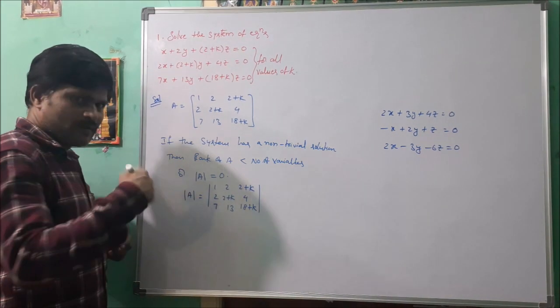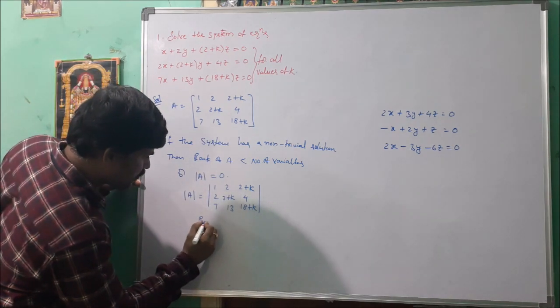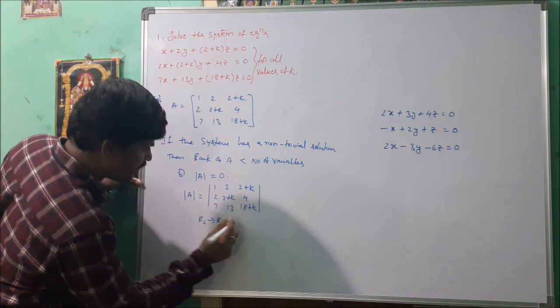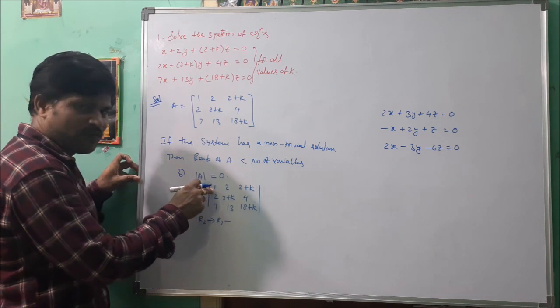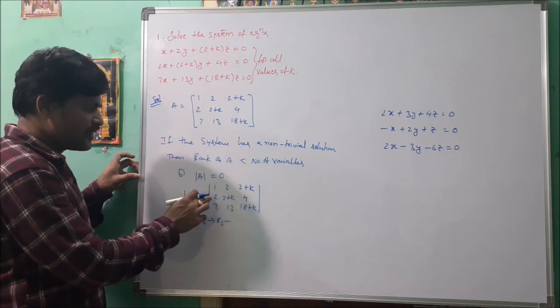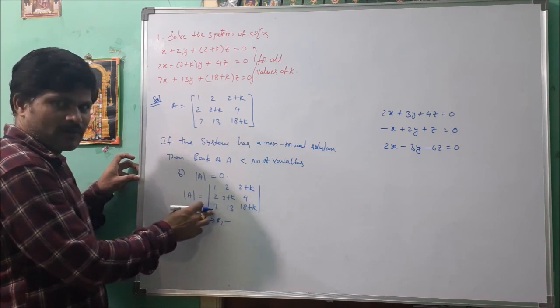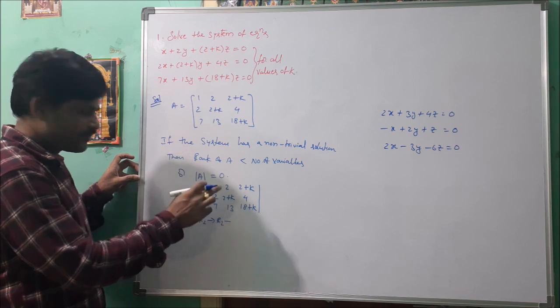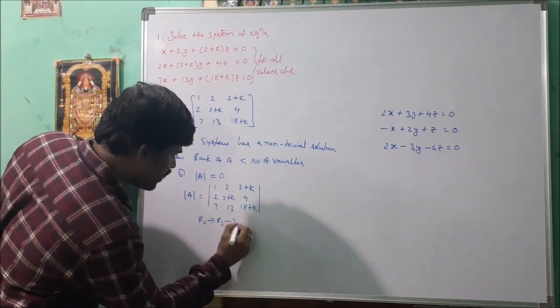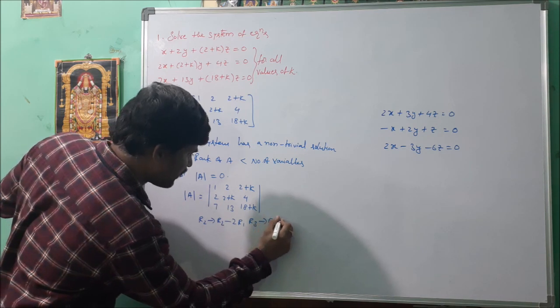Now using row transformations, we apply R2 changes to R2 minus 2R1: multiply the first row by 2 and subtract from the second row, so this becomes 0. Similarly, R3 changes to R3 minus 7R1: multiply the first row by 7 and subtract from the third row, so this is also 0.